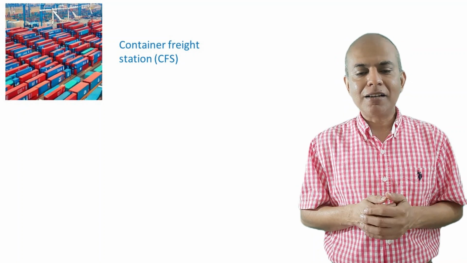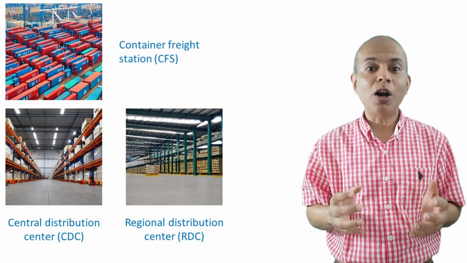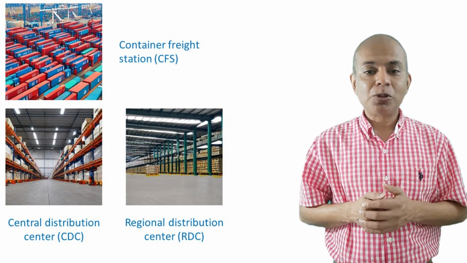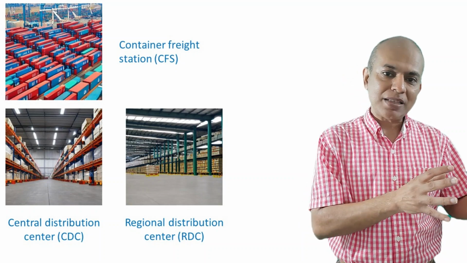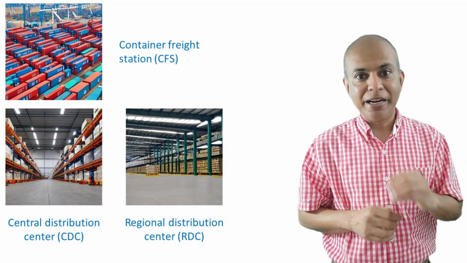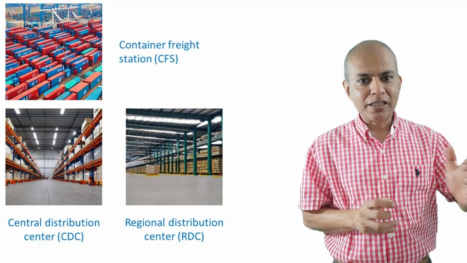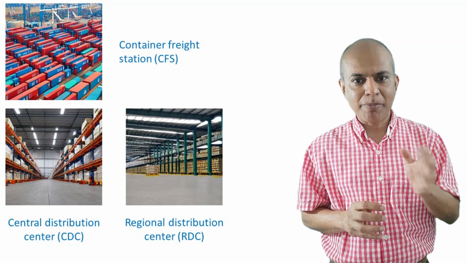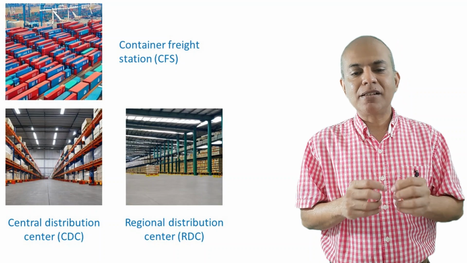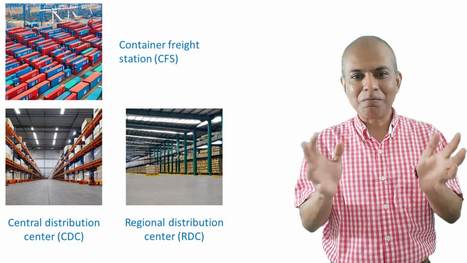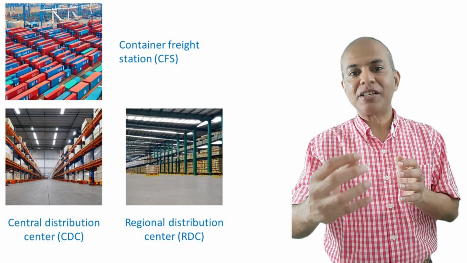A second type of warehouse that is available to us is what we call central distribution centers or regional distribution centers. Now, these warehouses would be slightly away from the manufacturer or the freight station. What a central distribution center would do is typically receive pallets, and they would then break the pallets, as in not physically, but actually divide the pallet into cases, and then generally they would dispatch cases.